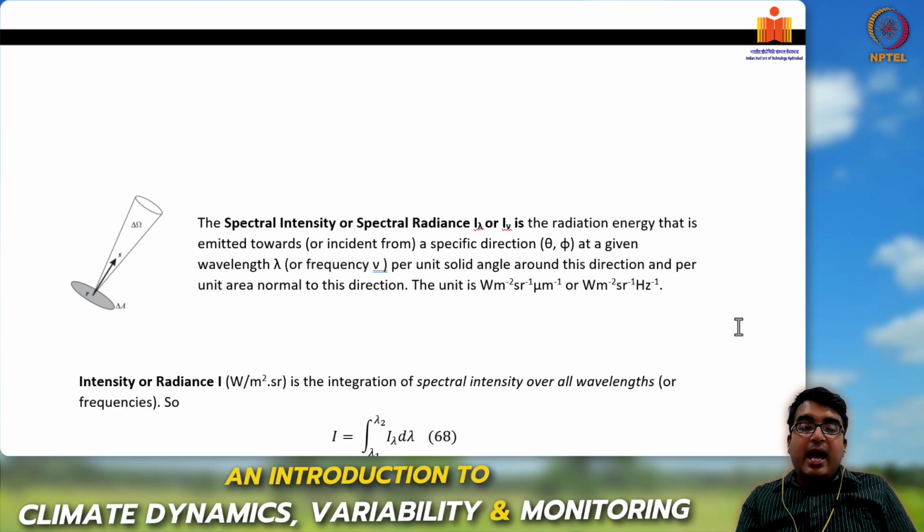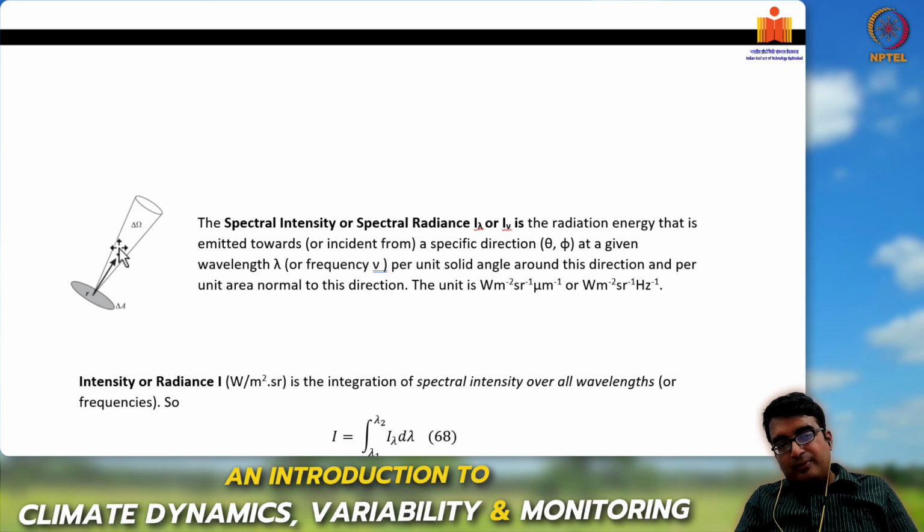Its unit is watt per meter square per steradian per micrometer, where micrometer is the unit of wavelength. Or if you do it in a frequency dependent format, watt per meter square per steradian per hertz.